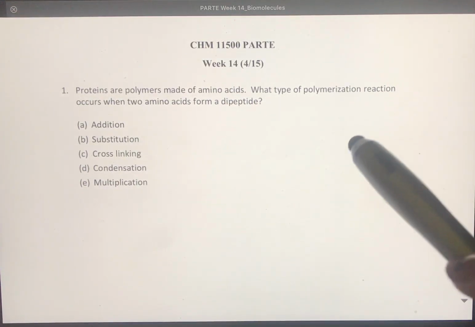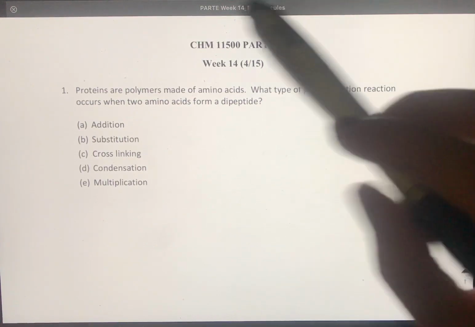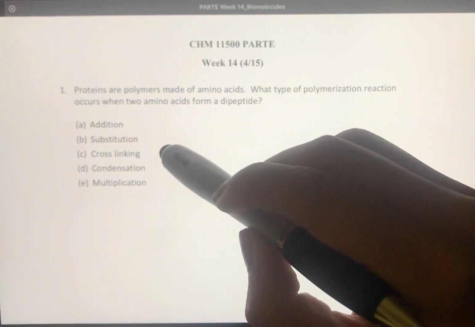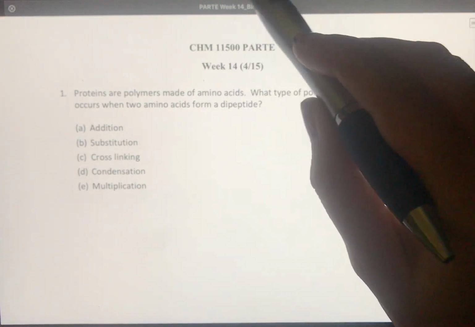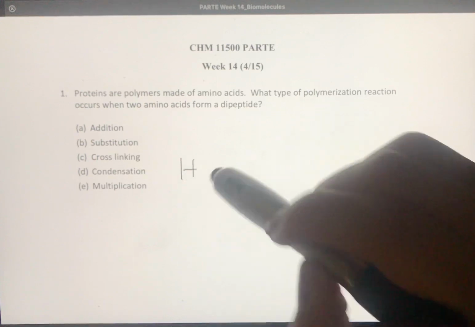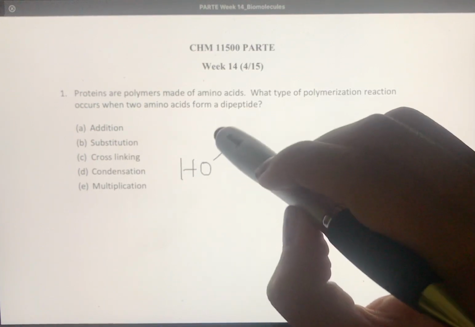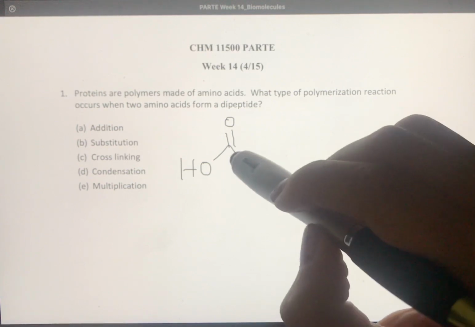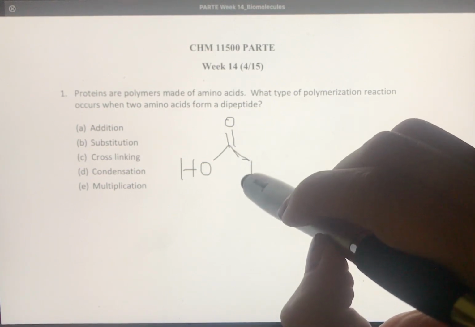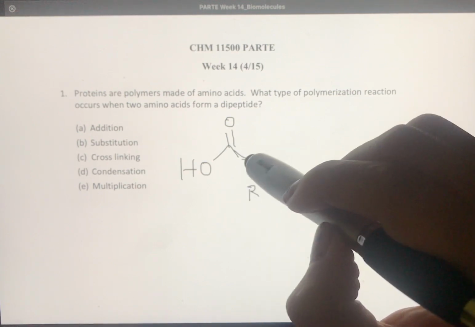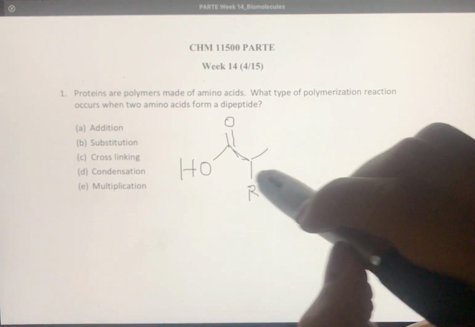So there are 20 different amino acids in your body, but they all have the same basic structure where they have a carboxylic acid on one side, and then this will be joined by a central carbon with what we call an R group or a variable group.